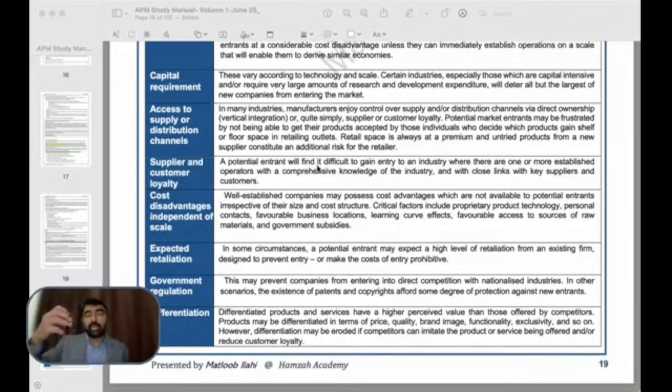So there might be upstream or downstream challenges for the new entrants. I can write it for you: upstream or downstream challenges. That's why many companies may prefer to go for acquisitions or mergers when they find that there would be challenges related to upstream or downstream issues.